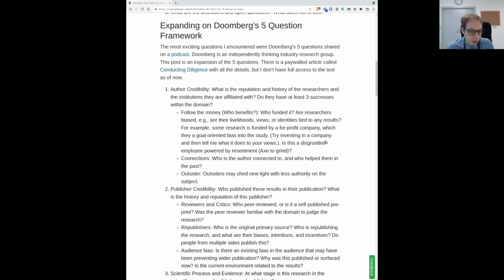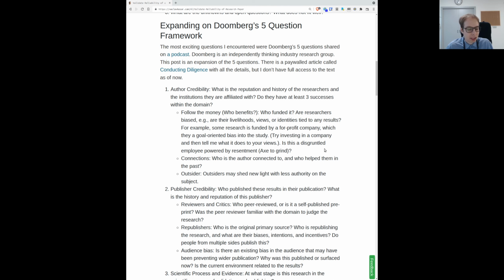Another thing could be to evaluate the connections, who the author is connected with. We can also ask whether the author is an outsider. Sometimes outsiders can bring new insight, but at the same time they will have less authority and experience. And the second question we can ask is about the publisher's credibility.